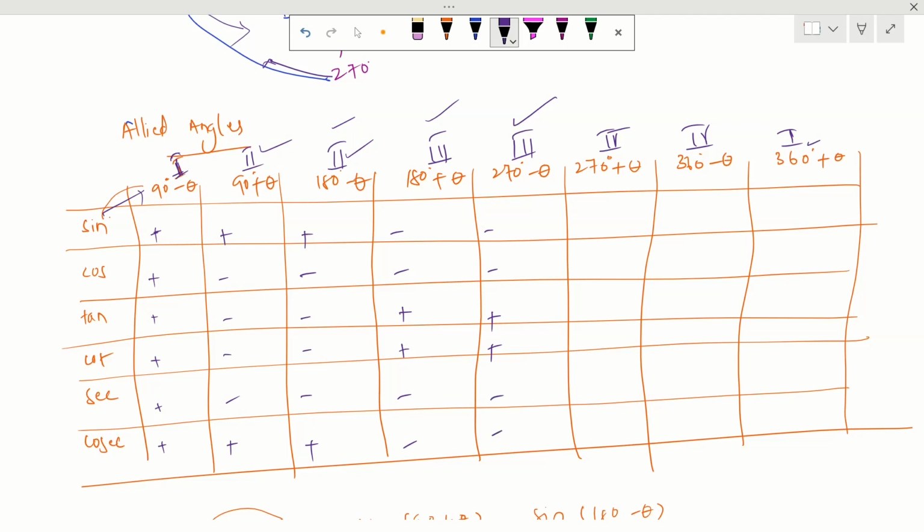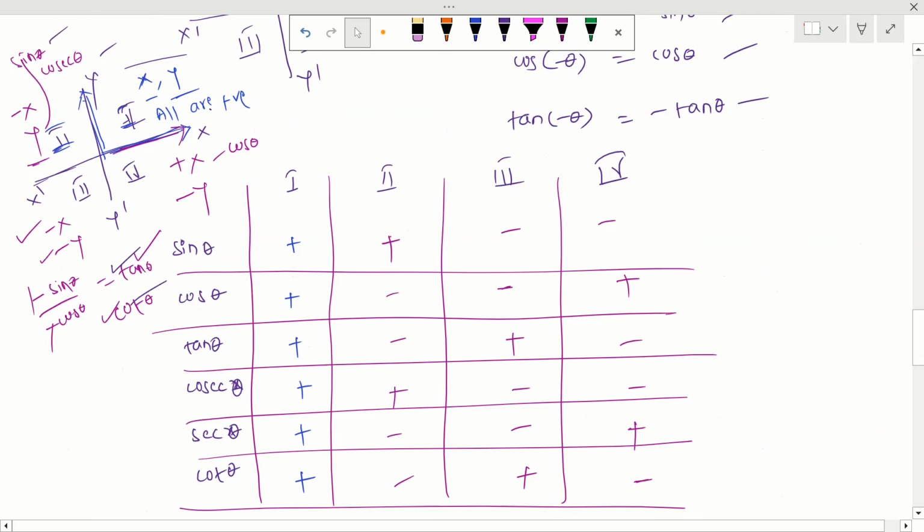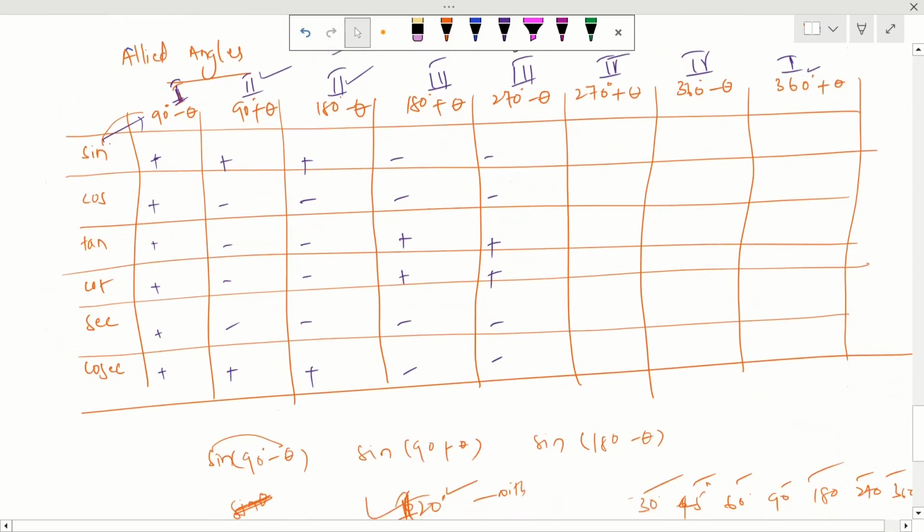Now come to the fourth quadrant. In the fourth quadrant, cos theta and secant theta are positive and the remaining are negative. The same thing I am writing here.